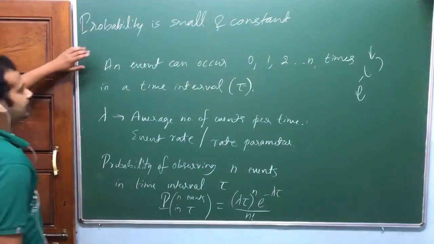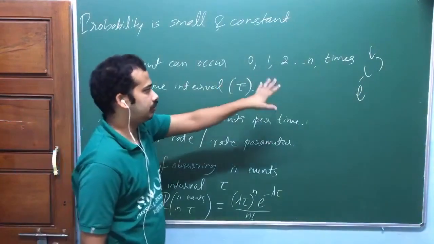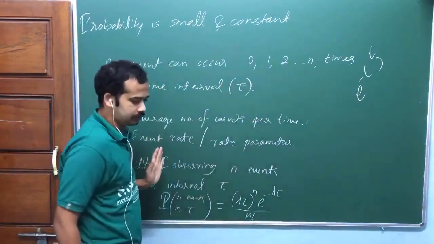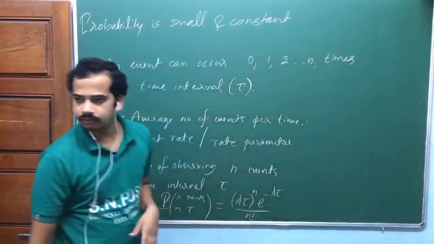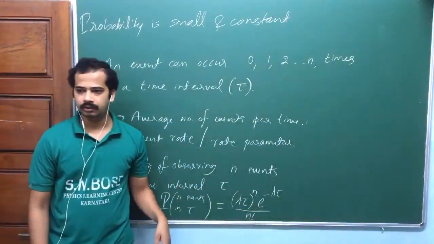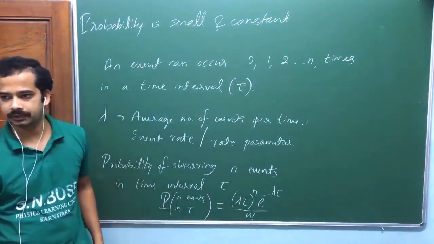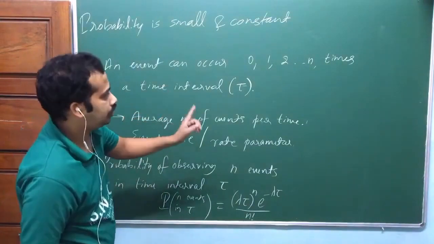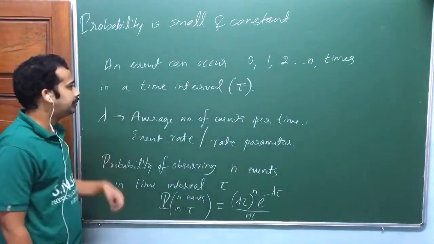Look at here. An event can occur 0 times, 1 time, or 2 times in some time interval t. Just like you take radioactivity count: in some 2-second interval or some 5-second interval, you can get 1 count, 2 counts, n counts. Anything can happen there. An event can occur 0, 1, 2, or n times in a time interval tau.